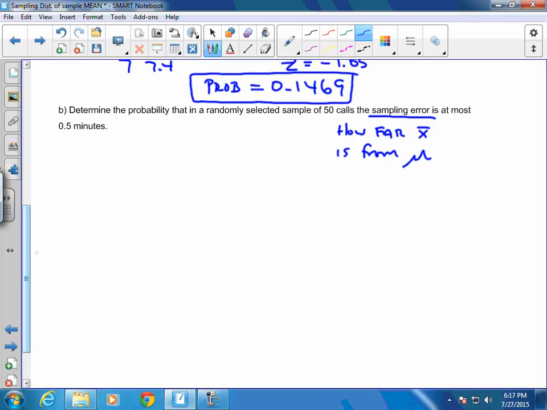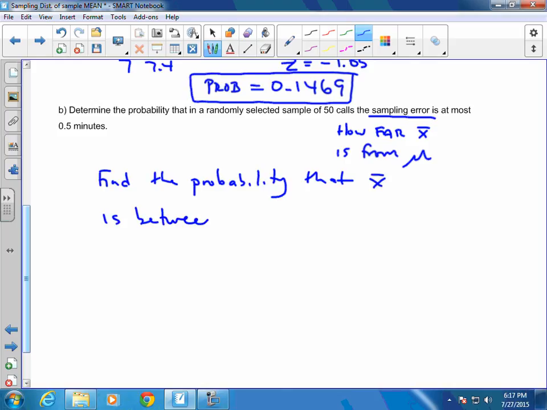So a different way to phrase this would be: find the probability that our sample mean is between... having the sampling error be at most 0.5 minutes means we're looking from 0.5 minutes below the population mean up to 0.5 minutes above the population mean.